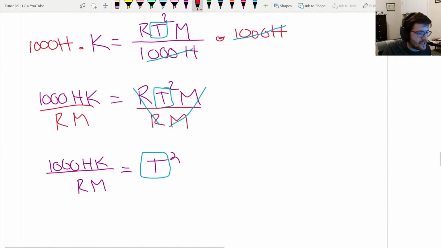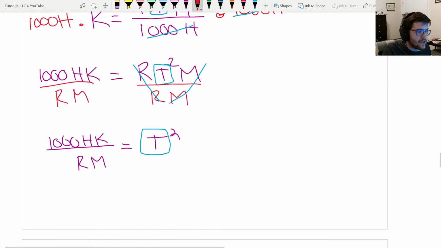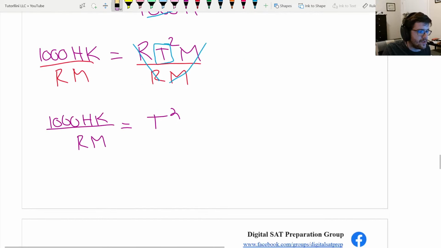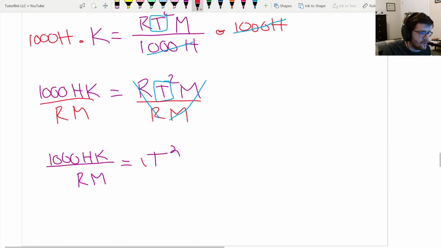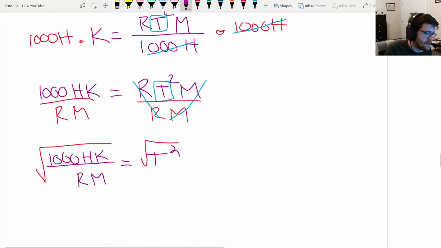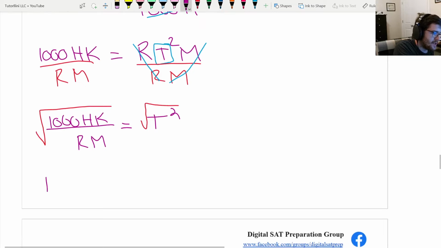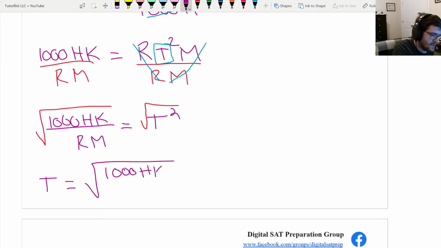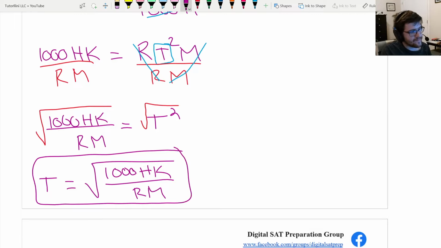So to get rid of the exponent, the square, we are going to take the square root of both sides. So let's do that, square root of both sides. And I'm going to just kind of flip things around here. So square root of T squared, that's just T. And then we get the square root of 1000HK over RM. Let me put a box around that, even though I don't think we're done yet.